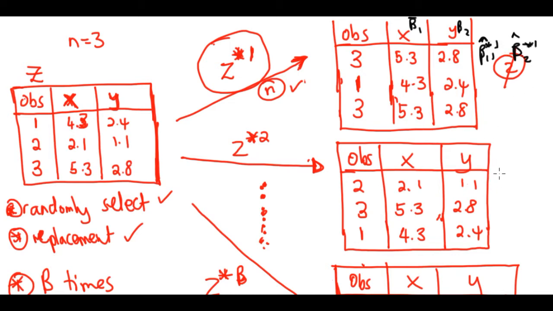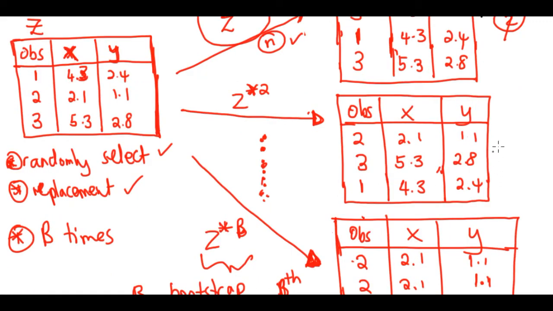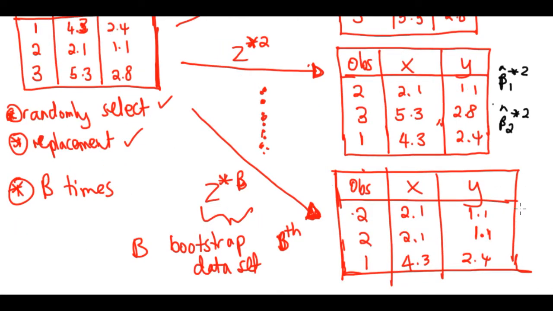The same thing, we fit the linear model again with bootstrap data set number 2, and we get our beta 1 estimate and beta 2 estimate from bootstrap number 2. Same thing here: beta 1 estimate from bootstrap data set B, and beta 2 estimate from bootstrap sample number B. Perfect, right?